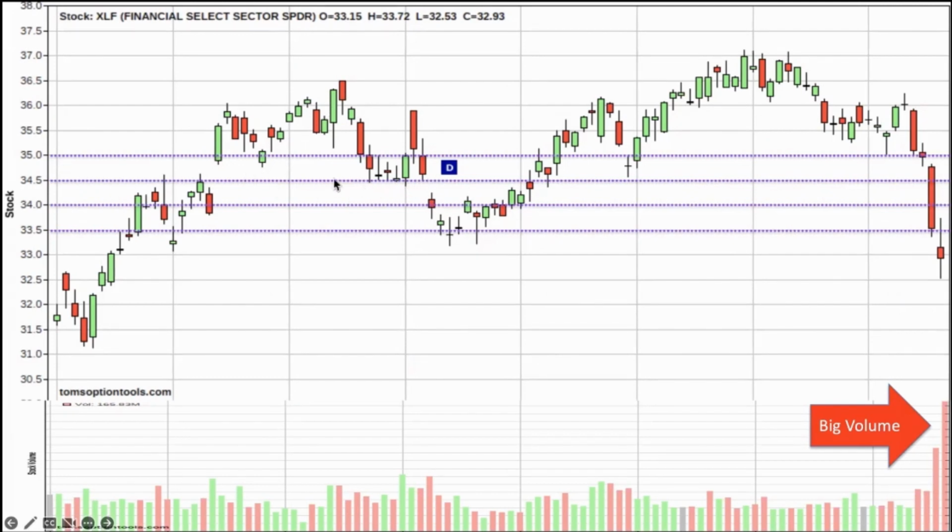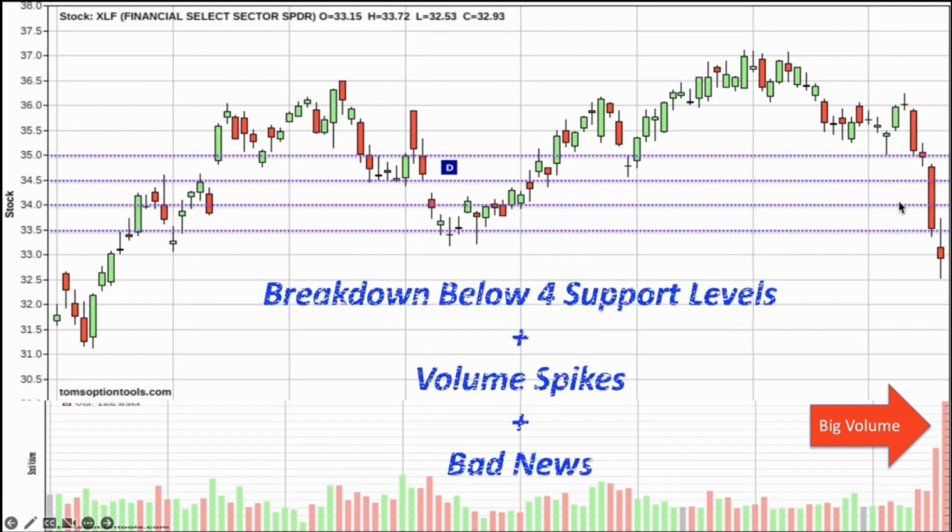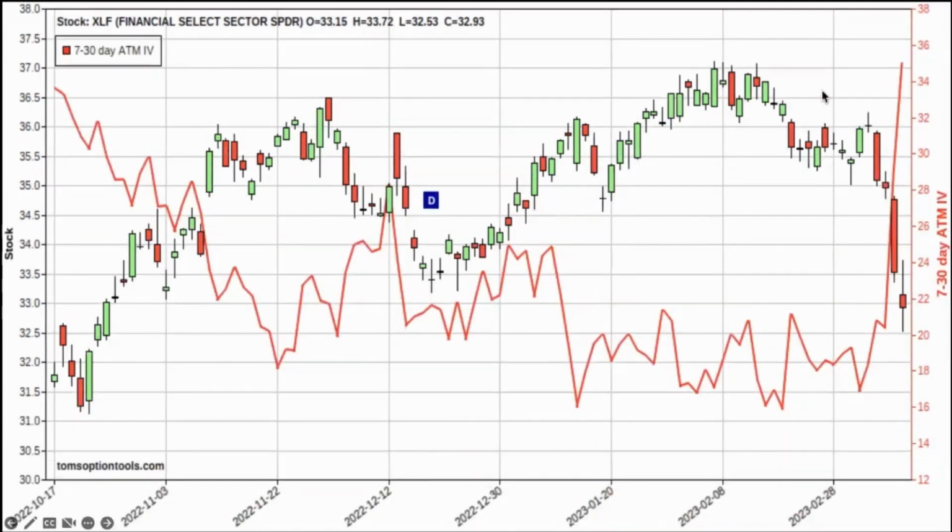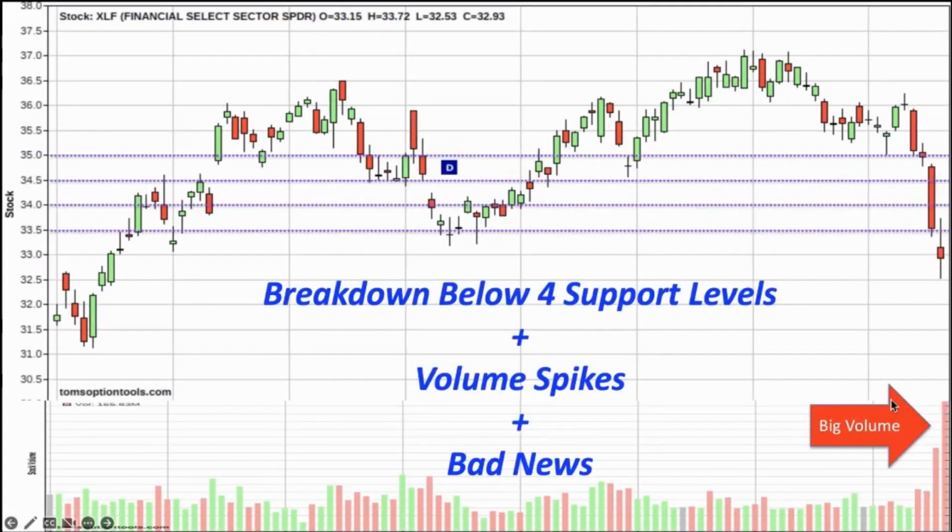So what I want to do here is derive where these levels are and then sell credit spreads at some level above. Now, there are some benefits to this strategy. In this particular case, we've got a breakdown below 4 support levels: 1, 2, 3, 4. We've got volume spikes, and we've got some very bad news.